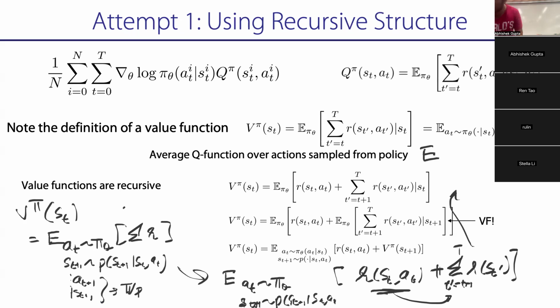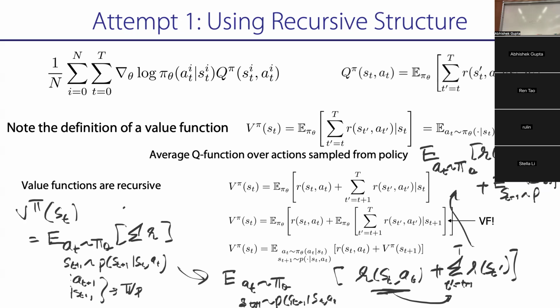And so what this simplifies to is the expectation over A_t coming from pi theta of R of S_t, A_t, plus an expectation over the next state coming from the dynamics of the sum of rewards in the future, right? All I did here was write out this expectation. This thing doesn't depend on S_{t+1}, which means I can push this expectation inside.